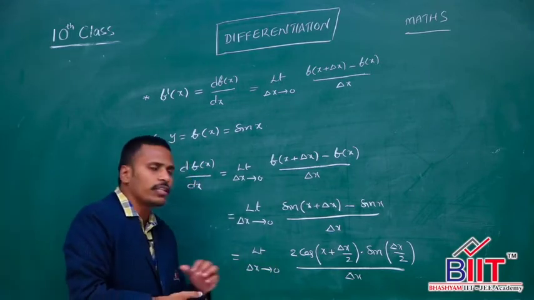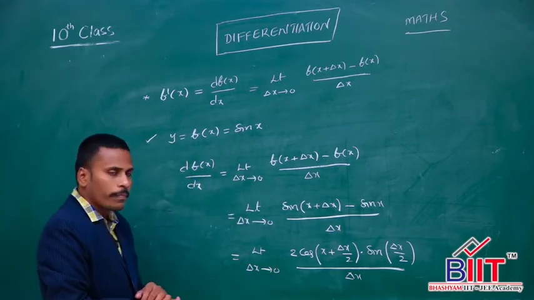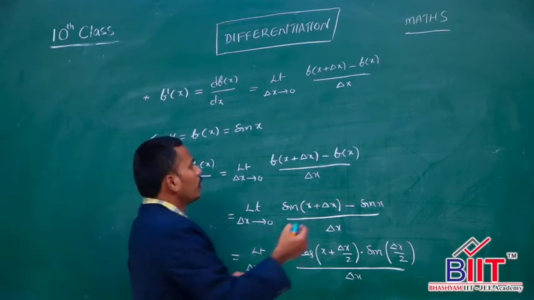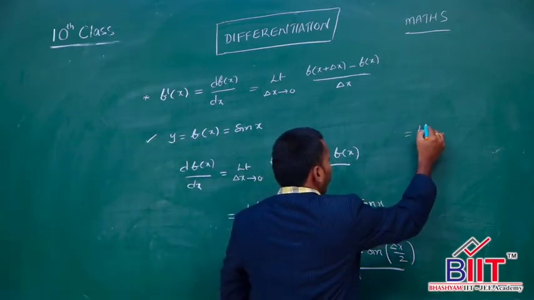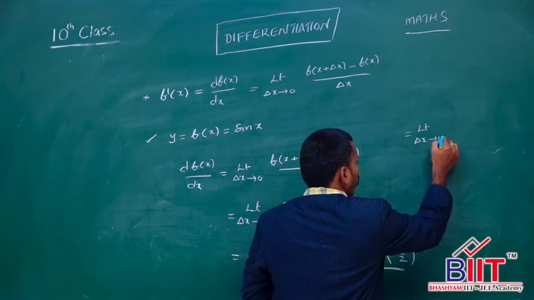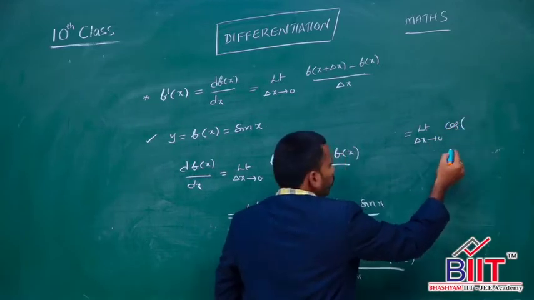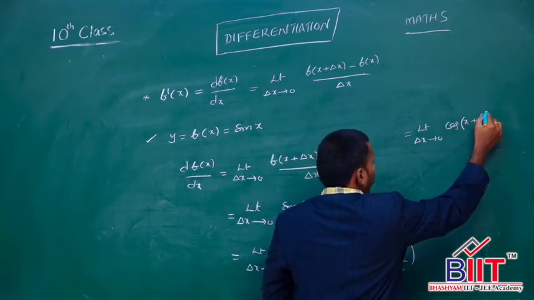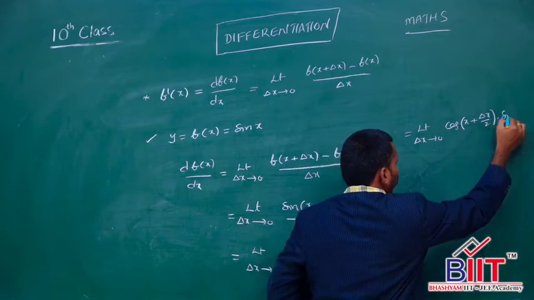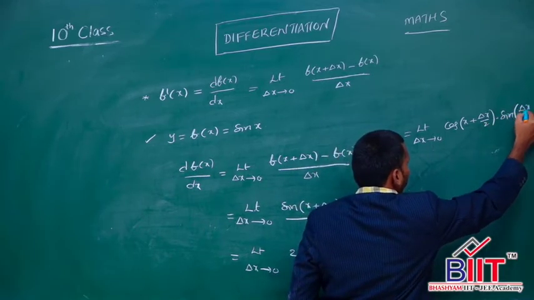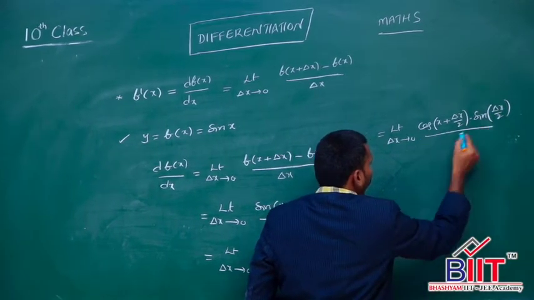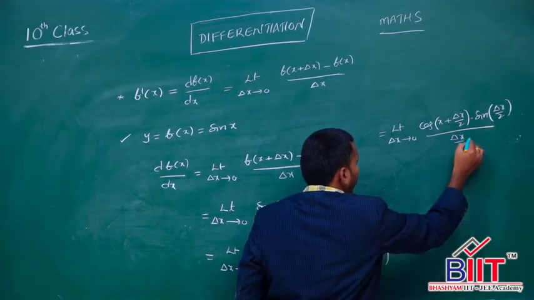We need to calculate this value now. So, you just rearrange this. This is equal to the limit as delta x tends to 0 of cos of (x plus delta x by 2) into sin of (delta x by 2), and the whole thing is divided by delta x by 2.